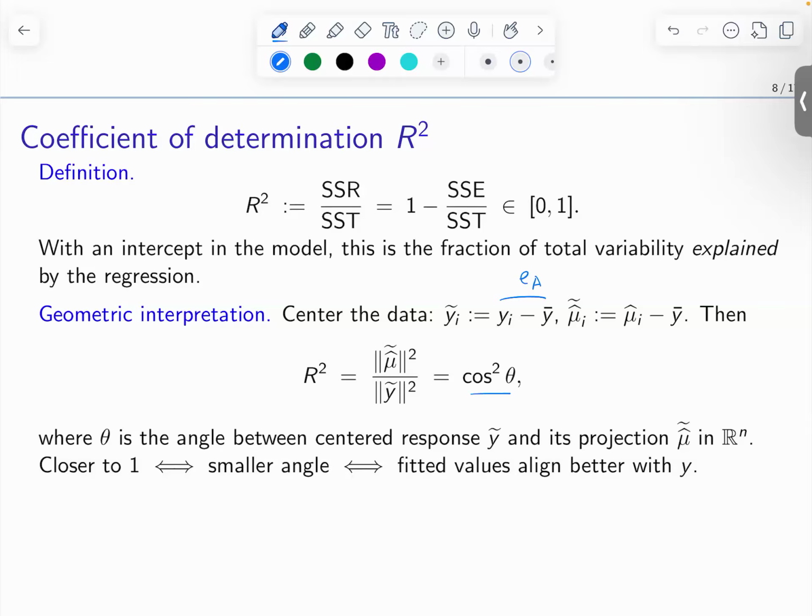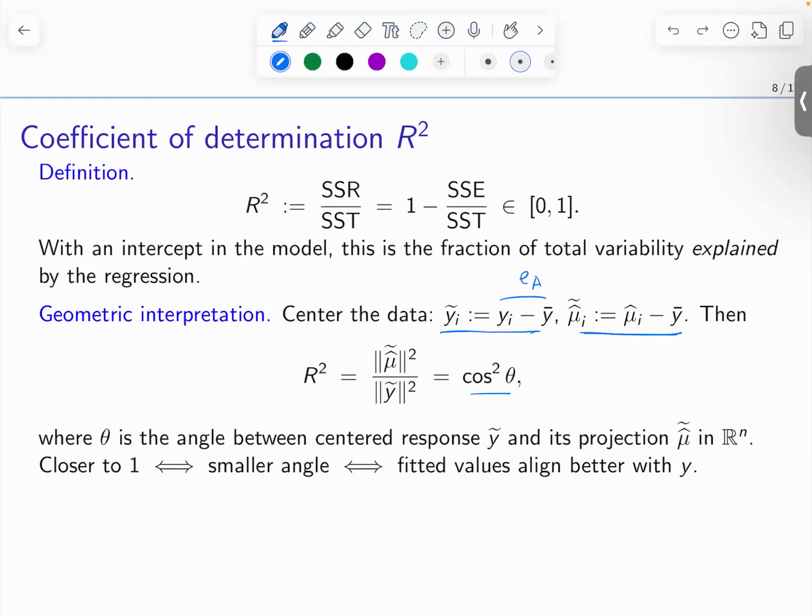So you look at the vector of the centered y. And this is the same thing, but you look at the fitted values of the regression model minus the centering of y bar. And it's also equivalent, if you understand the projection, to projecting this onto the regression model.